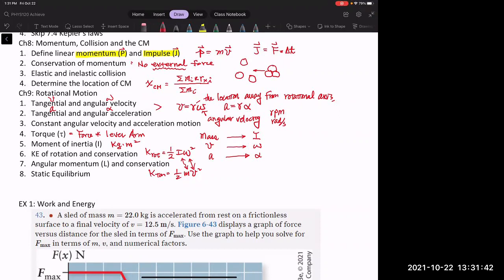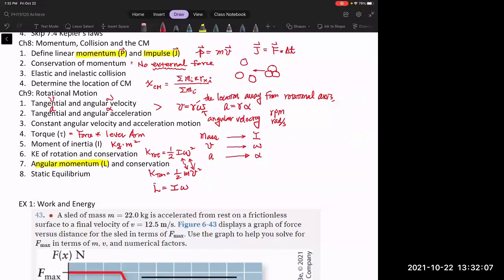We didn't spend much time talking about angular momentum. We just give you the concept. Let me define angular momentum, which is the L that you can see in the textbook. L is equal to I omega.